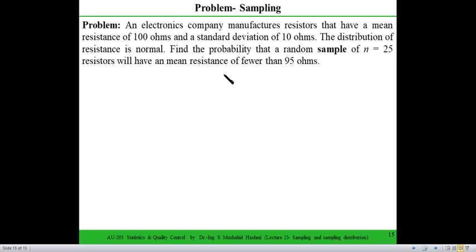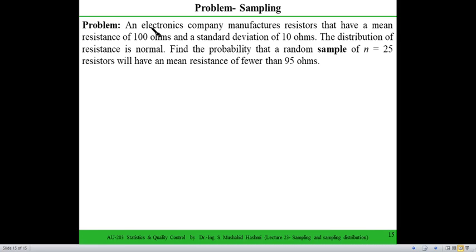Okay, now let's see how we put this idea into numericals. Let's say an electronic company manufactures resistors, and their mean resistance is 100 ohms and the standard deviation is 10 ohms. So this would be the population mean, and this would be the population standard deviation. And it is mentioned that the resistance is normally distributed.